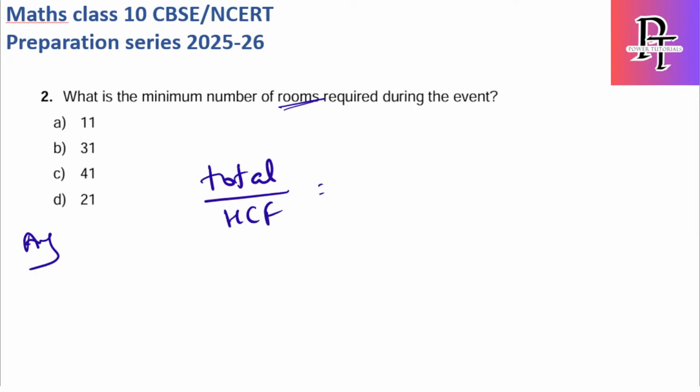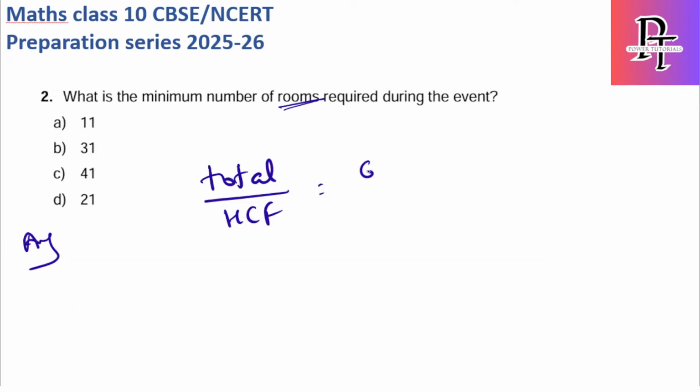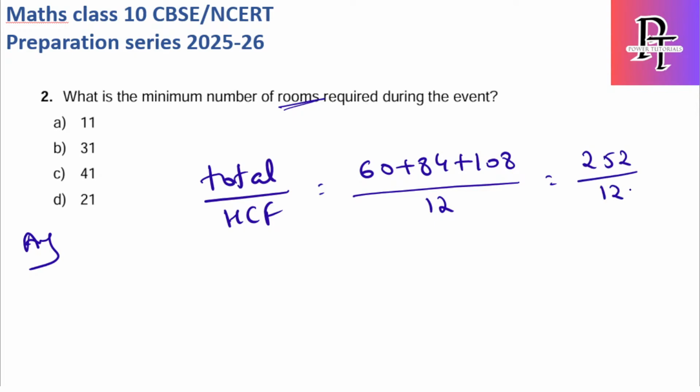So the total number means 60, 84 and 108. 60 plus 84 plus 108 by the HCF value we got as 12. So 60 plus 84 is 144, 144 plus 108 is 252, by 12. So 12 2s are 24, 12 1s are 12. So the answer is 21.